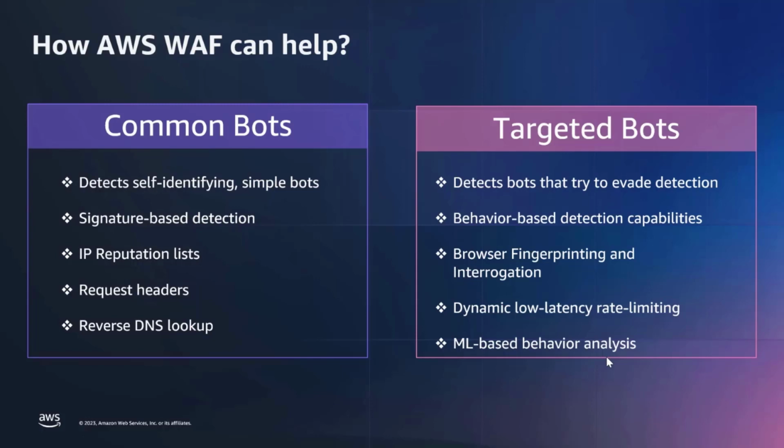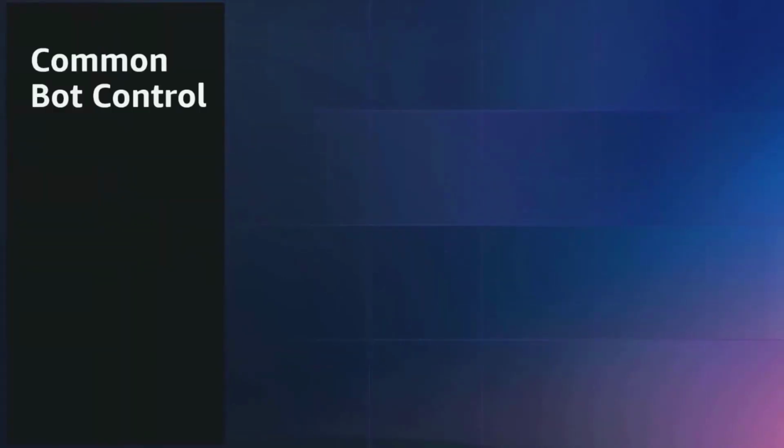We'll talk about these rule actions in the next slides. We also use advanced techniques like ML based behavior analysis and behavior based detection to understand what the intention is and take the respective mitigation as necessary. Let's take a look at common bot control and how it looks on the console.